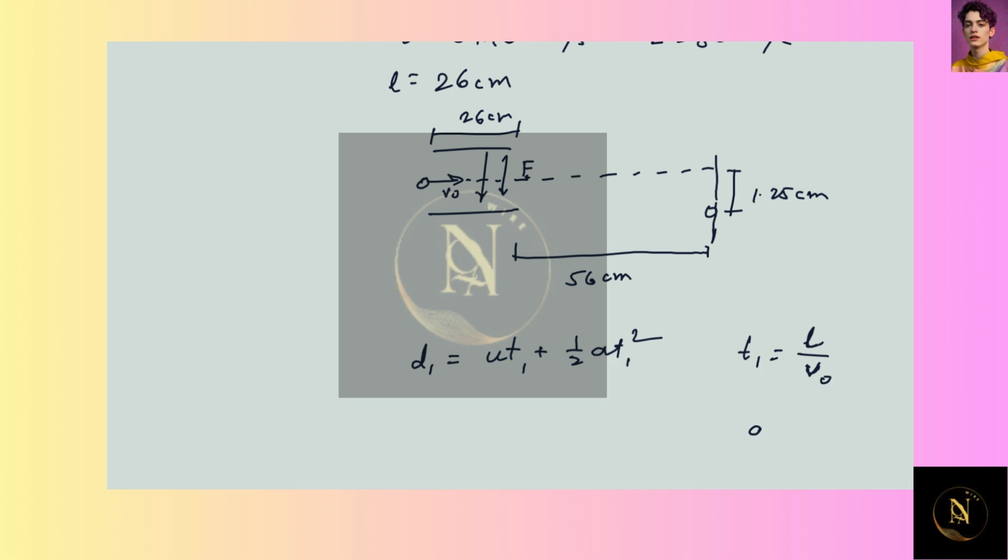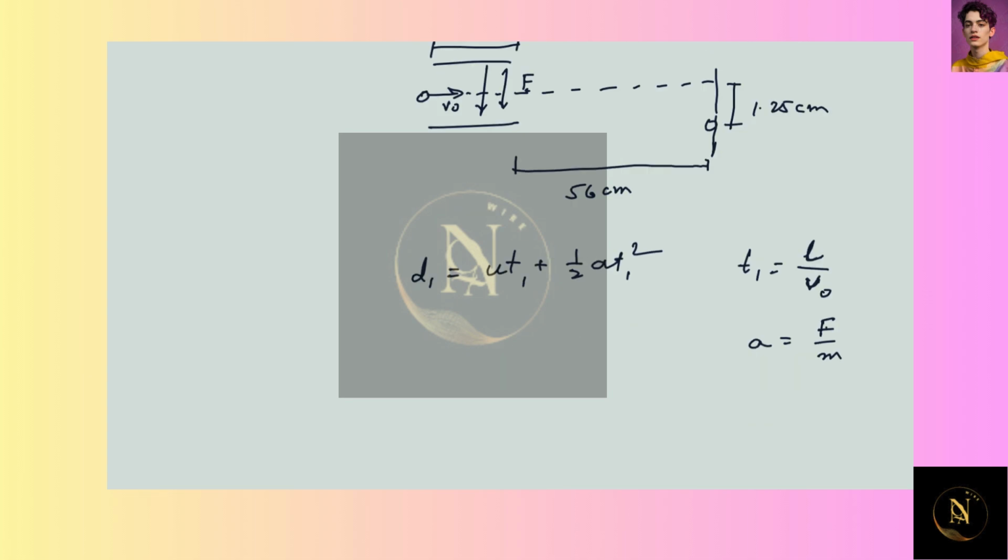Also the acceleration is equal to the net force over the mass. The net force is charge times electric field, so the acceleration is qE over m. Using these two conditions you can plug in and find the value of d1.